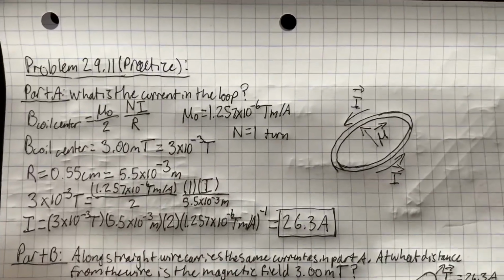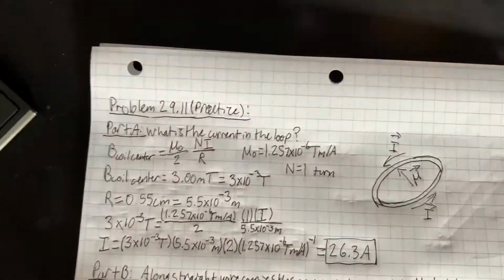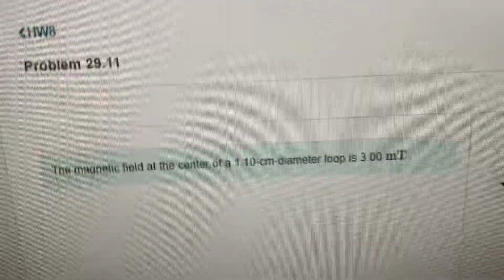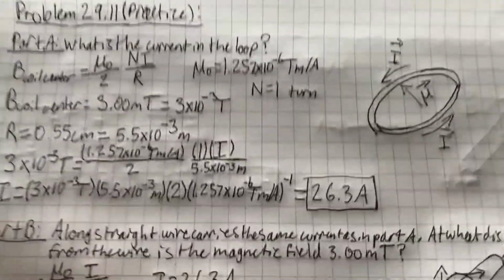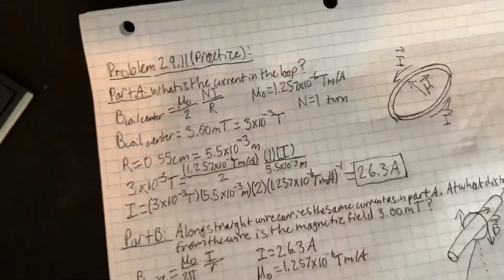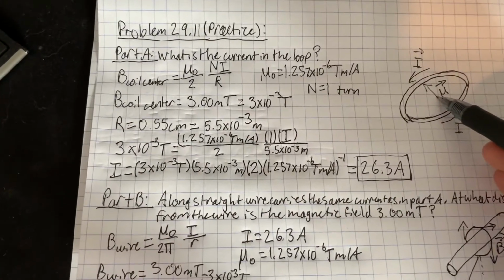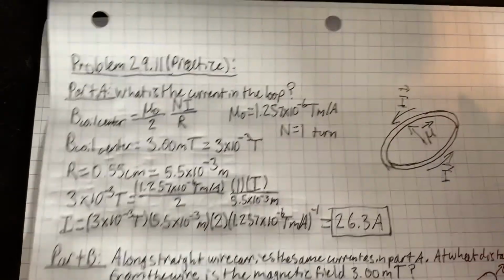So the equation for the... it says that the magnetic field at the center of the loop is 3 milliteslas. We know that, here, let me grab a pen really quick. There. So right here is 3 milliteslas.